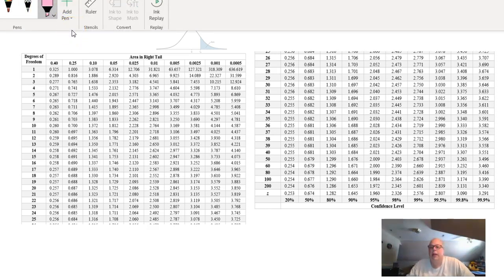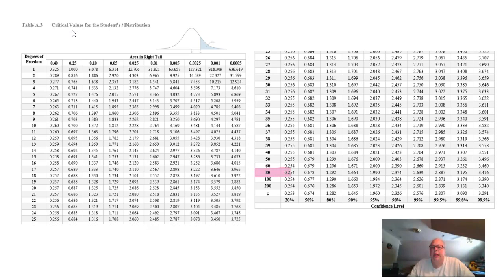And I see that I don't have a line 99, so remember I have to back up to the next one that's closest to it, and that is 80. So we're not going to round up to 100. We're always going to be going down. All right, so we're on line 80, and we want it to be at 95%. That's this column right here.